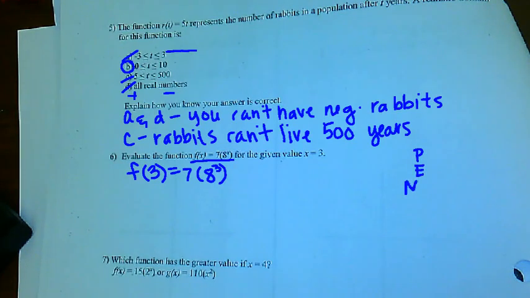Parentheses, exponents, and then multiplication from left to right, adding and subtracting from left to right. Okay, so I'm going to do the parentheses which have exponents in them first. Remember, this is just notation on this side, so you're not doing anything with f of 3. So I'm just going to keep carrying this down.